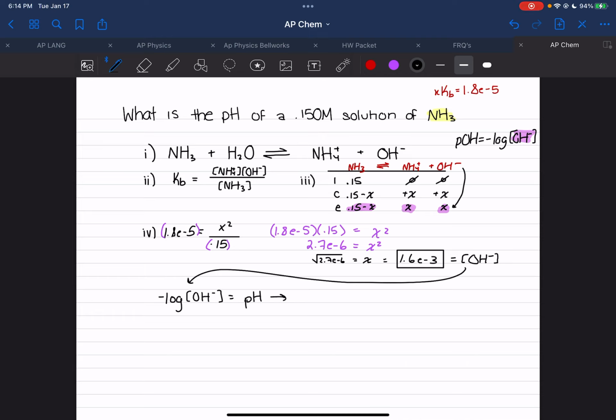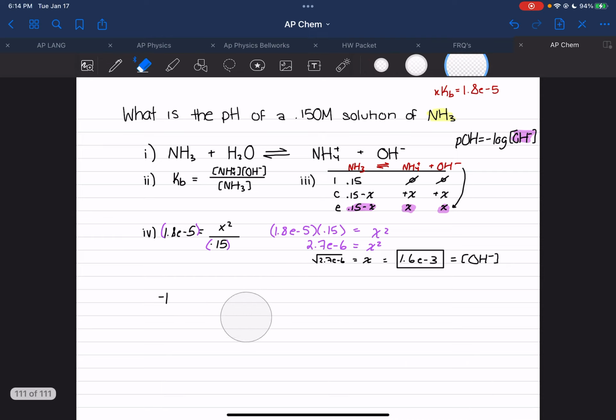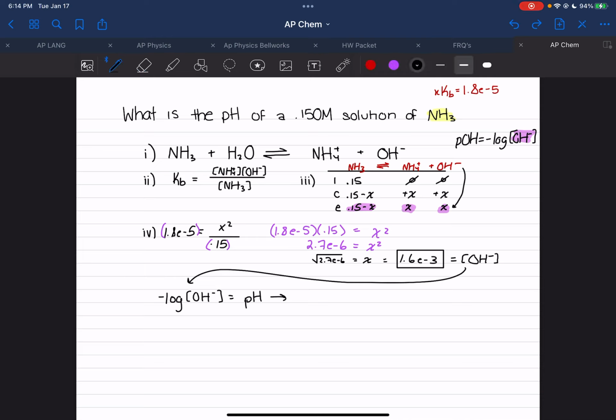Oh, I have to check for the 5% rule first, actually. The 5% rule is going to pass here, which is why I forgot to check. In order to check if you can assume that whatever minus x is so much less than the initial that you can neglect it, you take your x, which is 1.6 e negative 3, over the initial concentration, which we found to be 0.15.